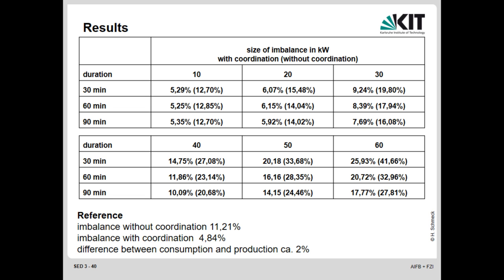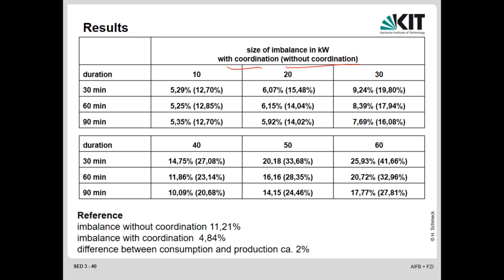The result is that, looking at different sizes of imbalances, and running that or having an imbalance for different time periods, like between 30 and 90 minutes, we get an improvement of the degree of imbalance, always shown with coordination and without coordination.